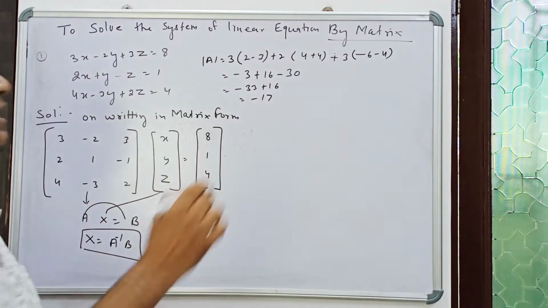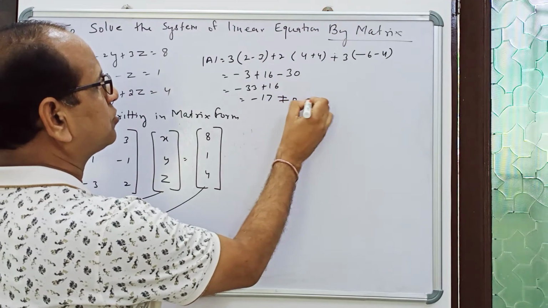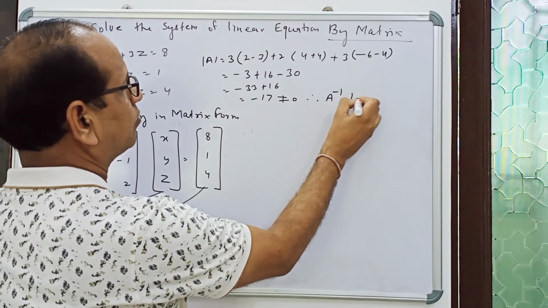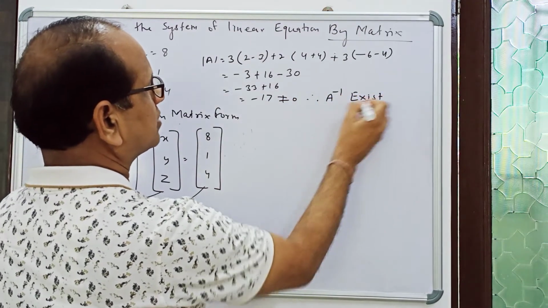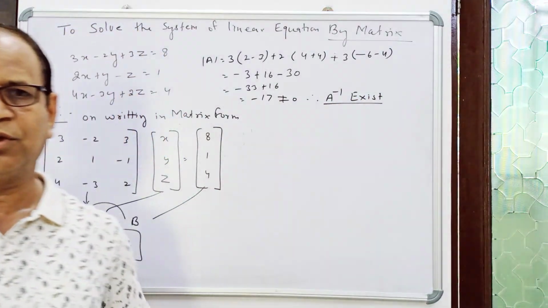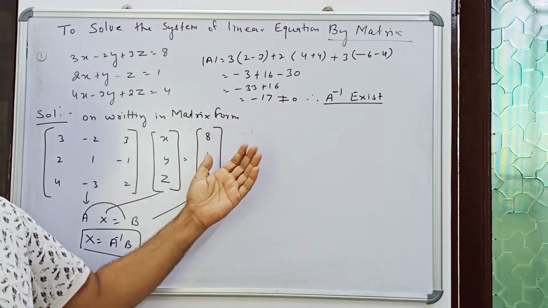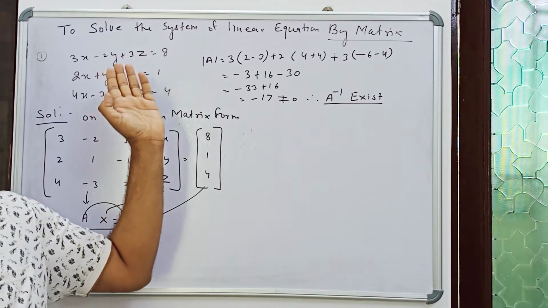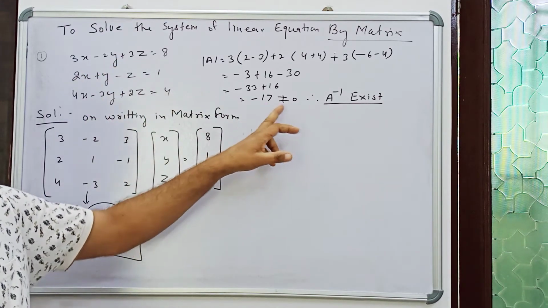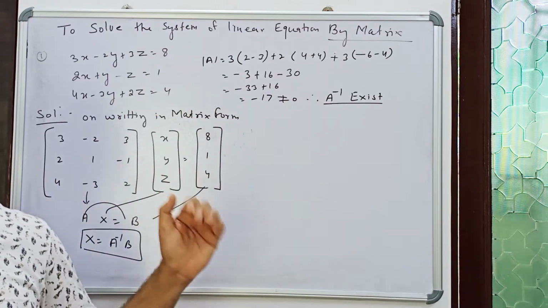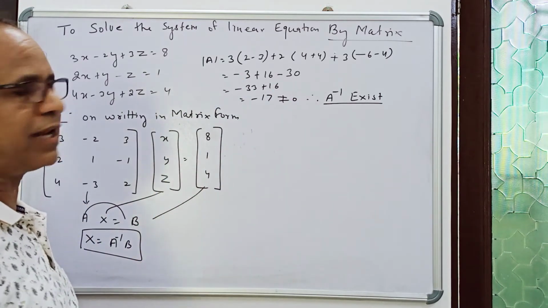So minus 17 is not equal to 0, therefore A inverse exists. So this is the first important step, that we have proved here that A inverse exists, and when the determinant of A is not equal to 0, that time A inverse exists. So now we will calculate A inverse.